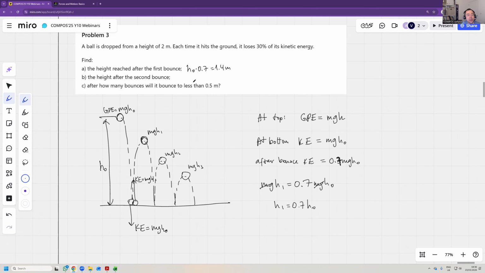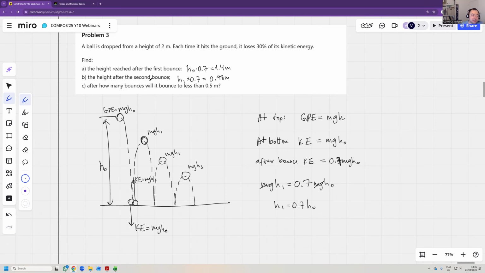Just as simple as that. The height of the second bounce is h1 times 0.7, which is 1.4 times 0.7, so 0.98 meters.